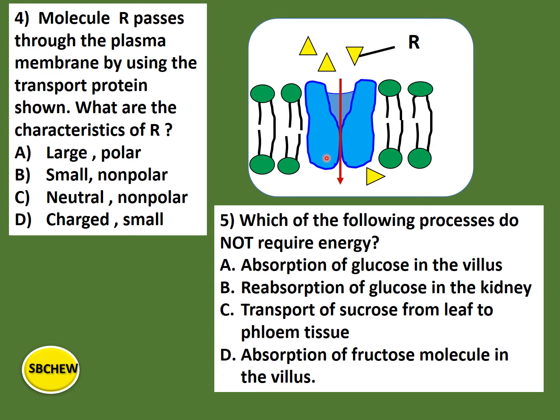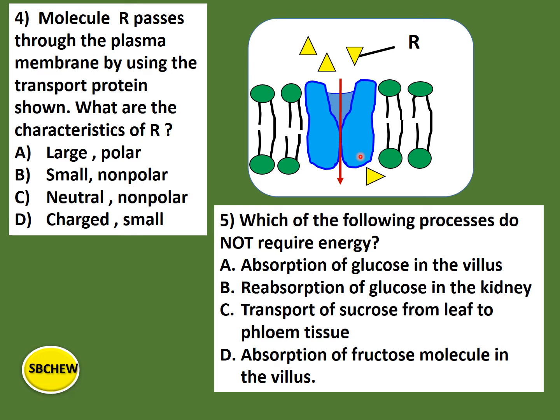Now, is it the carrier protein for active transport or passive transport? It's for passive transport, because you don't see an ATP molecule breaking down. And also R is transported from a region of higher concentration, there are 3 molecules here, to a region of lower concentration, only 1 molecule here. So it's passive transport using carrier protein.